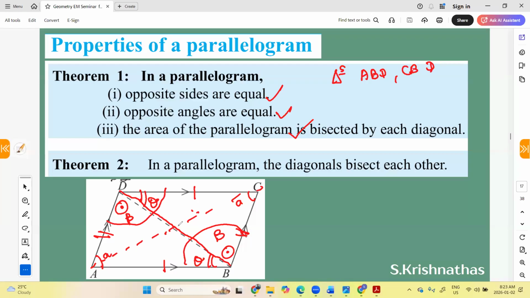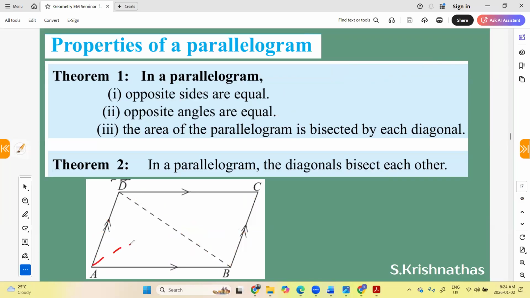Now theorem 2 in this parallelogram. In the proof of a theorem, we can use the axiom and the previous proofs.